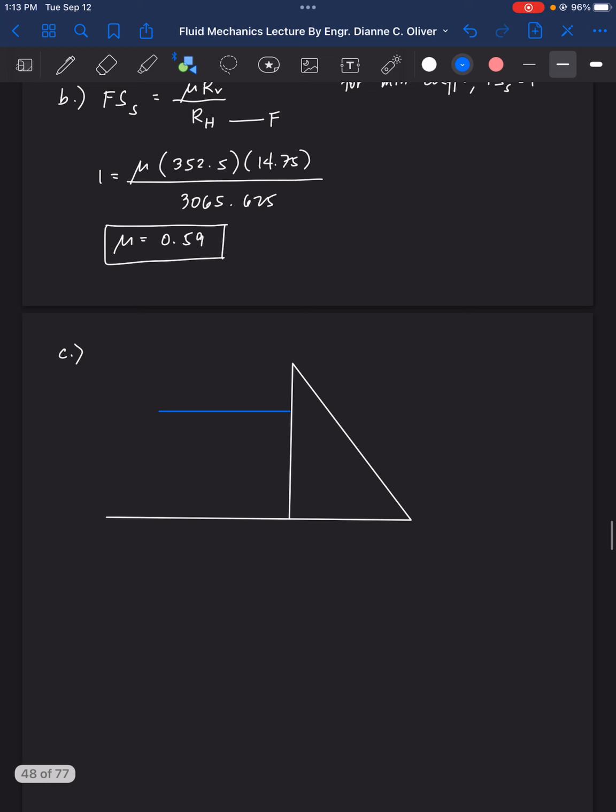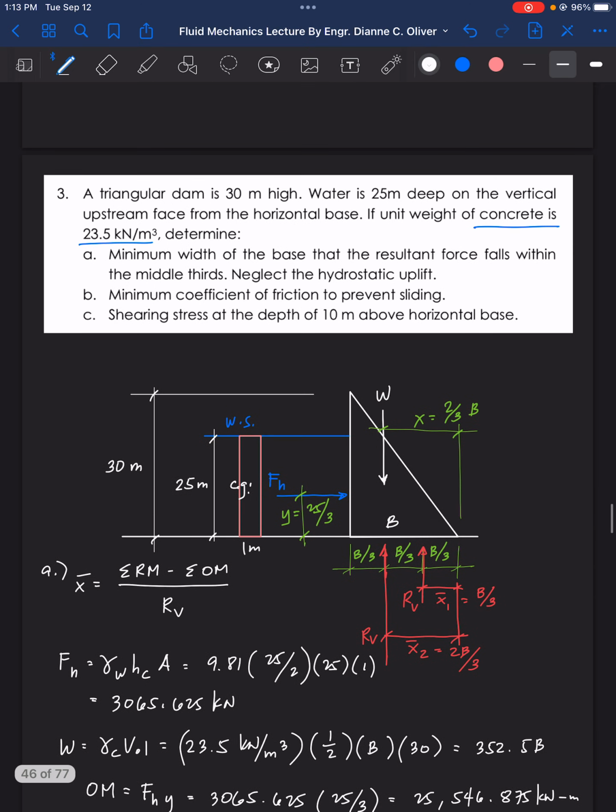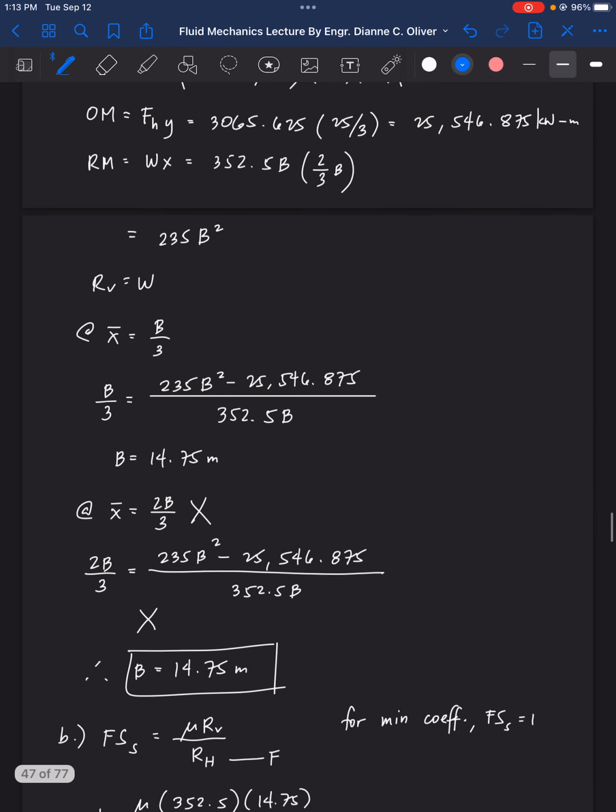So our horizontal base here, 10 meters above the horizontal base.